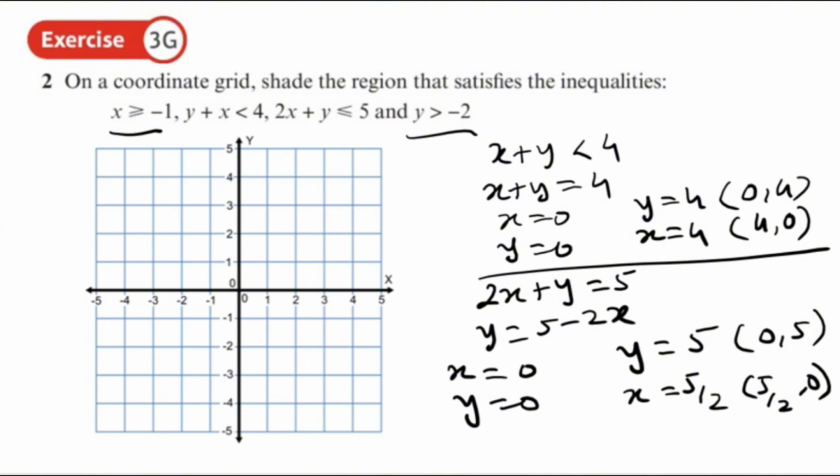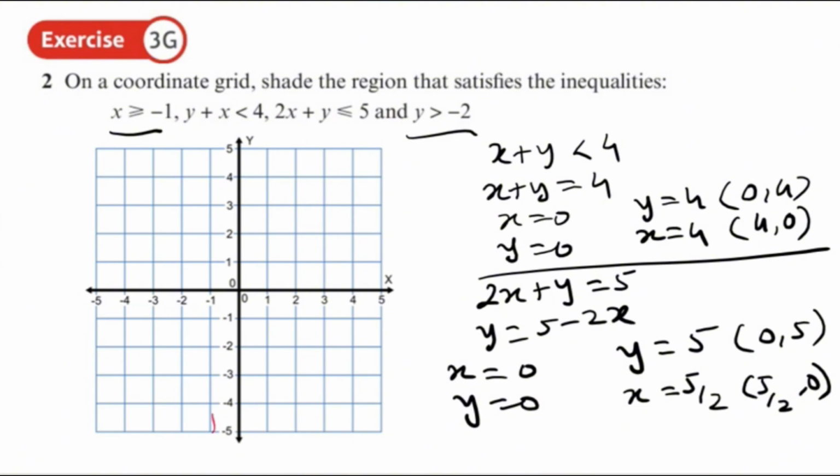Now one by one we will try to plot the lines. First line is x is equal to -1. So this is my line, x is equal to -1. And we are drawing this line as a solid line because there is an equal to sign. Sorry guys, I have to do it again.